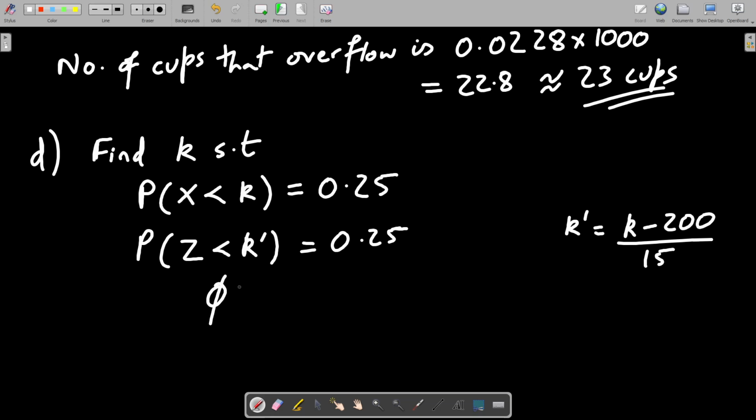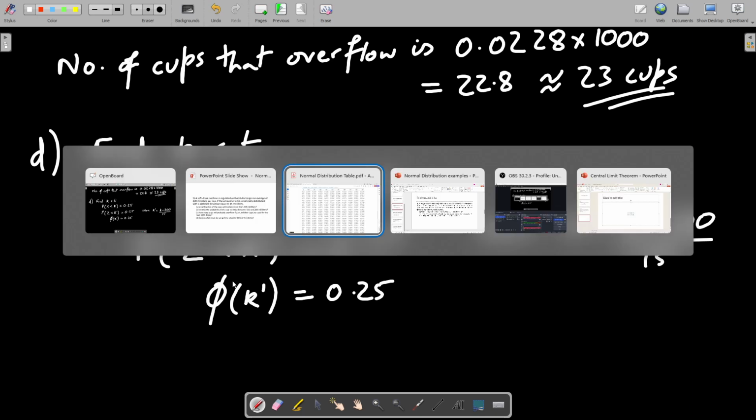So in other words, phi of k dash is equal to 0.25. It's going to be a negative number. K dash will be negative, k will be positive. So clear. Let us go to the table.